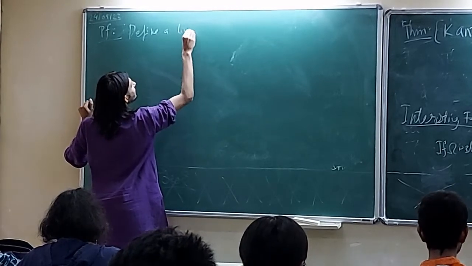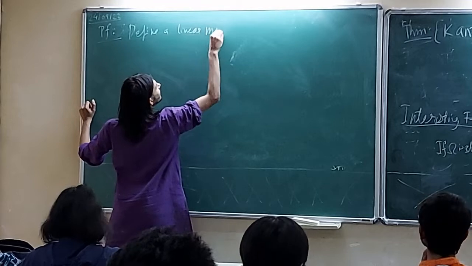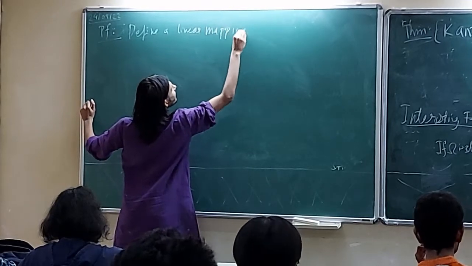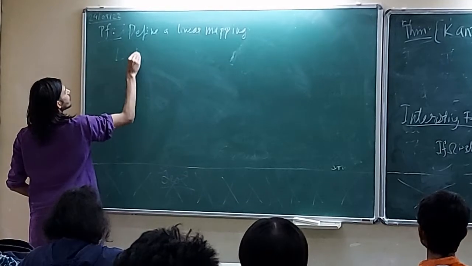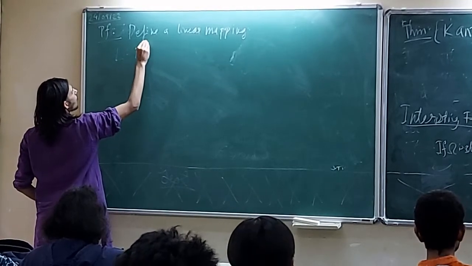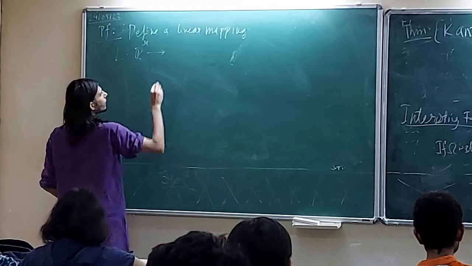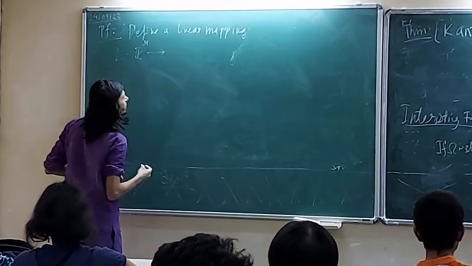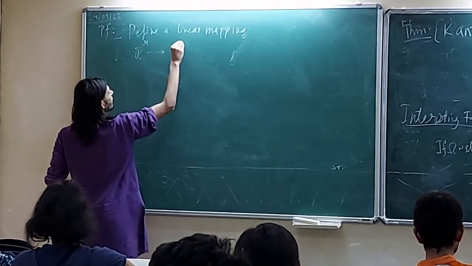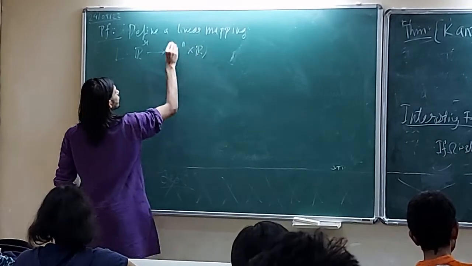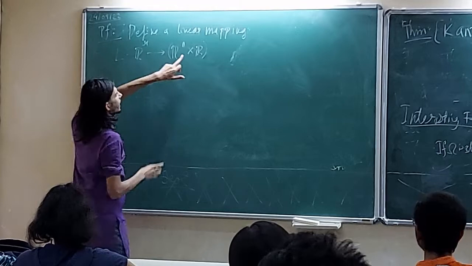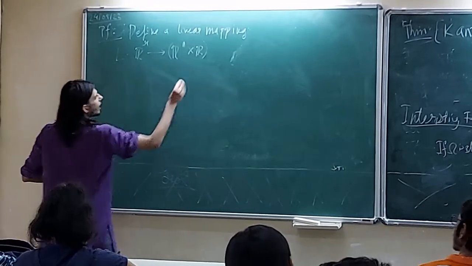Define a linear mapping, let's call it L, from R^r to, okay, this is actually R^(n+1), but I'm just writing it for convenience as Rn cross R. You will see why.